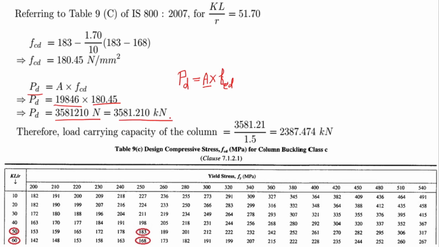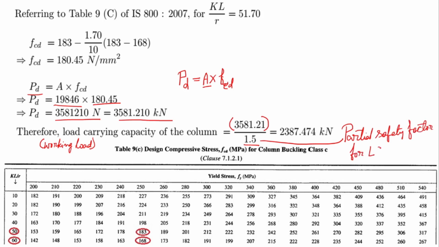So if I calculate the actual load carrying capacity or the working load carried by the column, I have to divide the total design load carried by the column by 1.5, which is the partial safety factor for limit state method, and this factor is used for load or force.